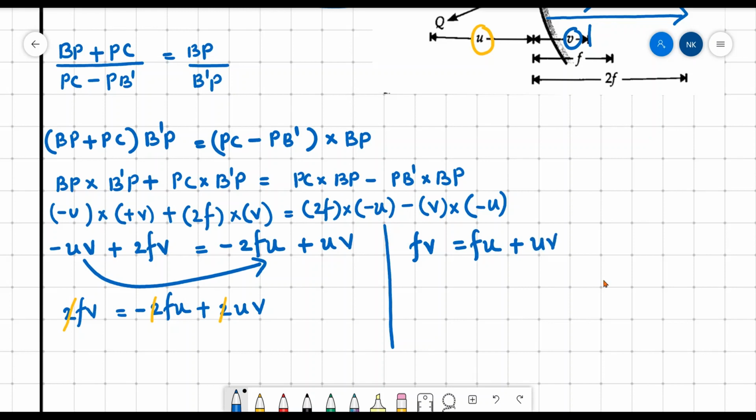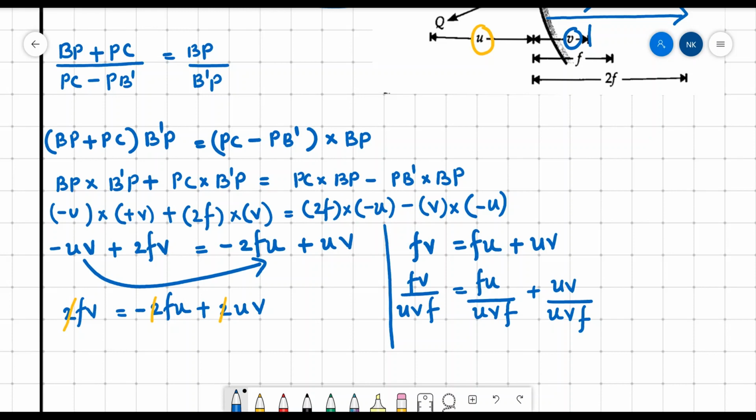Okay, now what you need to do is divide this whole expression by uvf, that is fv upon uvf equals fu upon uvf plus uv upon uvf.